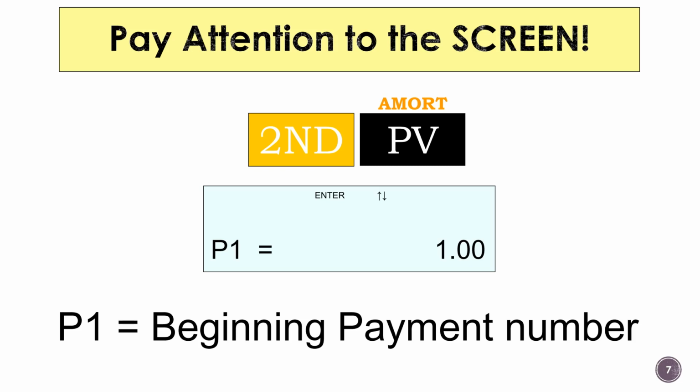Well, that's your beginning payment number. So we can put whatever payment number we want on the beginning payment number as long as it's within the loan. So if the loan's a 30-year loan, we could actually put the number 360 here if we're just looking at the last payment. And so P1 is the beginning payment number for whatever we're trying to look at.